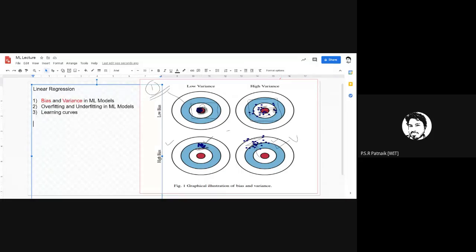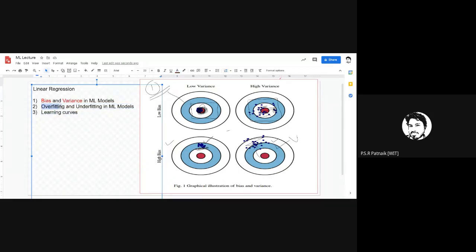So what should I do during the machine learning training process so that I always get less bias and less variance? That concept is learned through the remaining concepts, which are overfitting, underfitting, and learning curves.